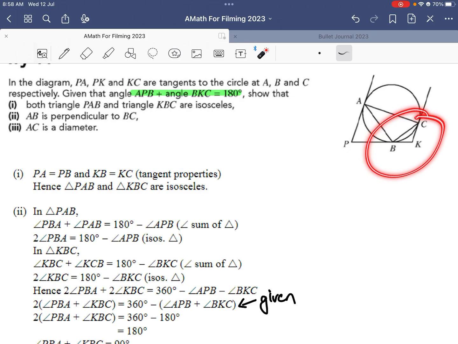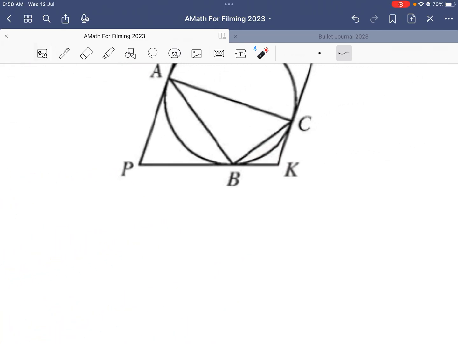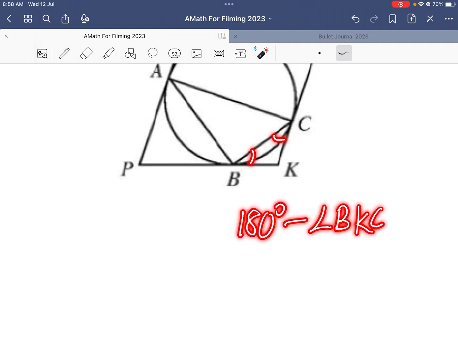Similarly, for triangle KBC, angle KCB plus KBC is equals to 180 minus BKC, which I've written over here. So basically, this angle plus this angle is equals to 180 degrees minus angle of BKC, this angle over here.